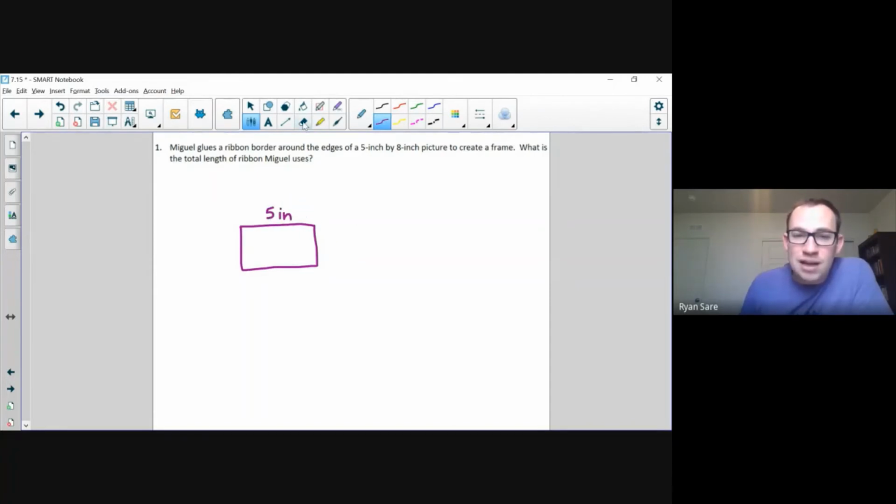Oh, that's the wrong side. It doesn't really matter for figuring out the math, but if we really want to visualize it, we want to label it correctly. So 8 inches, and the shorter side is 5 inches. And they want to know what the total length is. 8 inches, 5 inches.